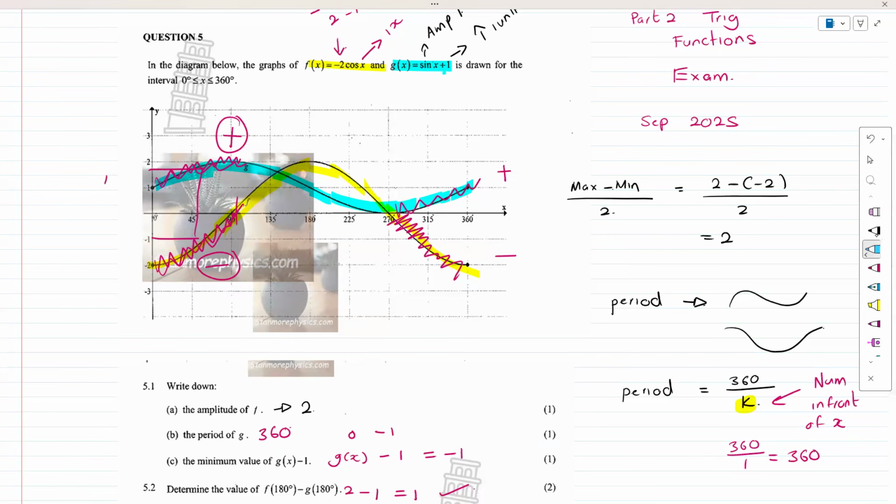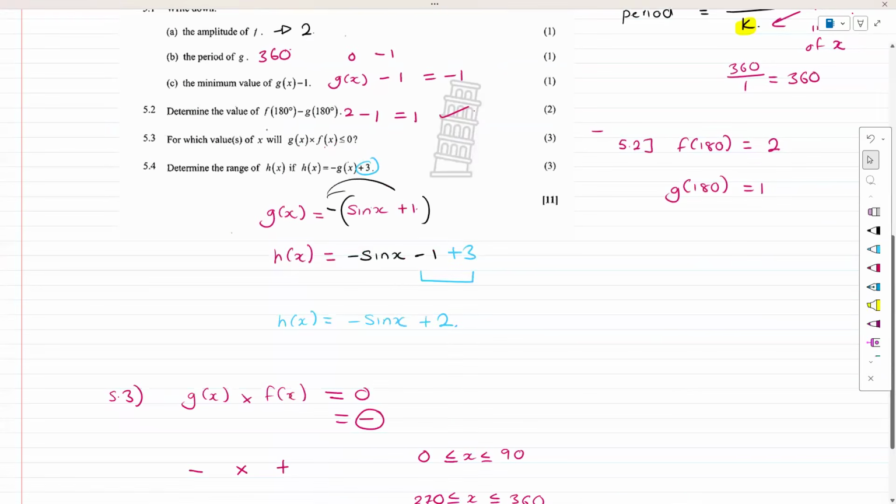So look at the blue graph. Realistically, the lowest point was 0. The highest point was 2. So the old graph, I just want to show you guys, the g of x graph had a range starting at 0 and ending at 2. But the h of x graph is up by 1 unit.